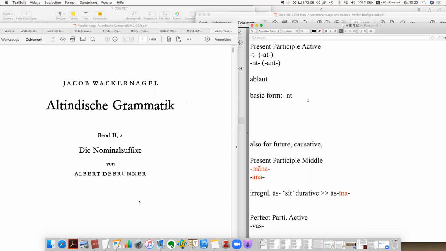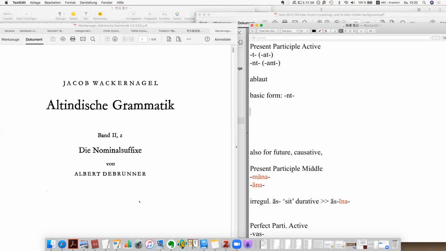The present participle is added to the thematic stem. Like bhar, this is the root, and the thematic form is bhara. And for bhara, you put nt, bharant. This is actually the basic form.